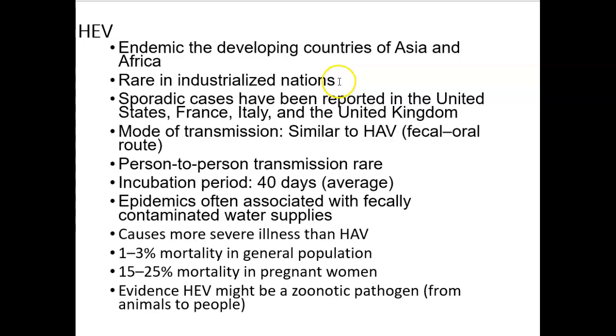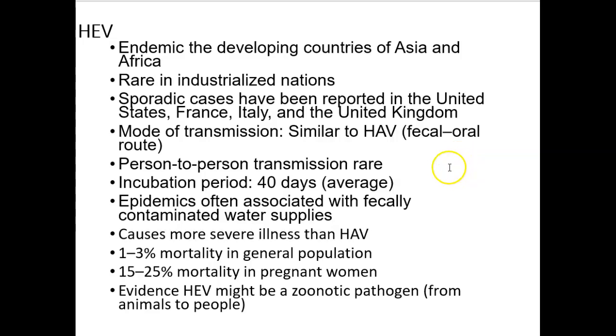So remember, Africa is a huge continent with lots of different countries. Asia is also a huge continent with lots of different countries. So within these continents, hepatitis E is going to be more common in the more impoverished areas. Though this has been found outside of these areas, it's less common.